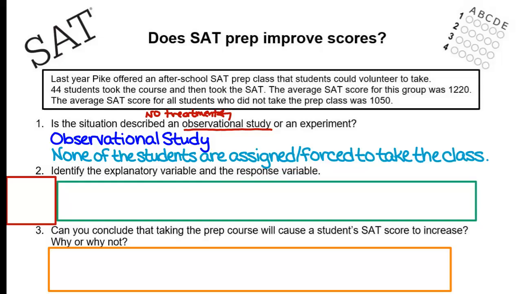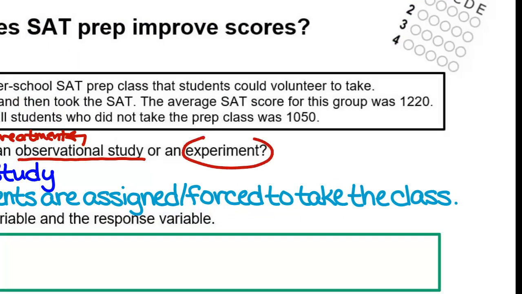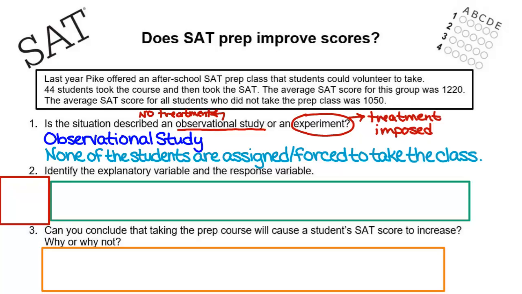For an experiment, on the other hand, there is a treatment that is imposed. What do I mean by imposed? Placed upon, like forced to. I mean, obviously nobody is forced, but you are told what to do. You're not just given free choice in the matter.